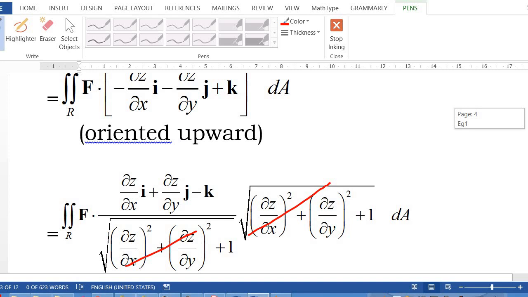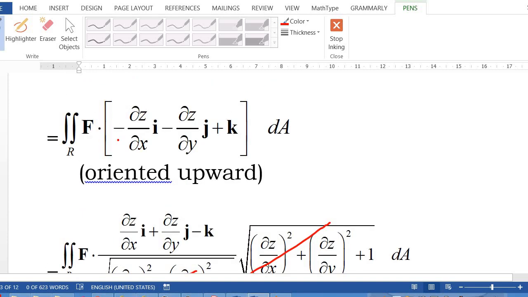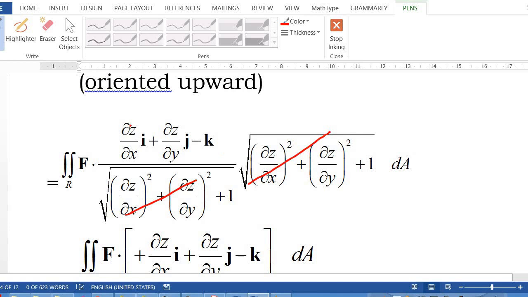Then for the unit normal vector pointing down, once you simplify, you get positive I, positive J, and negative K. You can go through the derivation for a flux integral where the surface has a unit normal vector pointing down. The normal vector has component I positive, component J positive, component K negative.